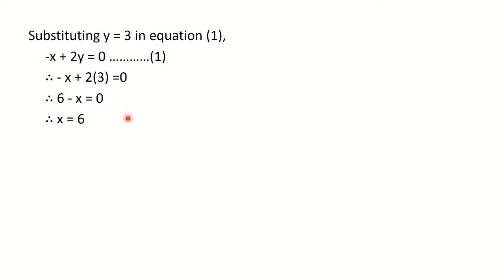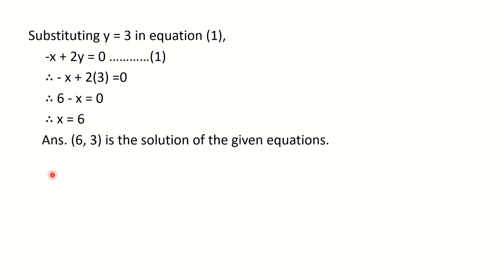So x is equal to 6. In this way I got the values of both the variables. y is equal to 3 and x is equal to 6. The final answer you always write as an ordered pair. So 6 comma 3. That means x is equal to 6 and y is equal to 3 is the solution of the given equations.